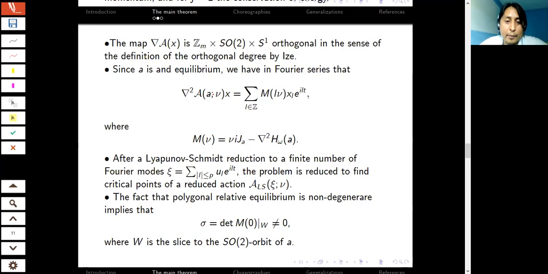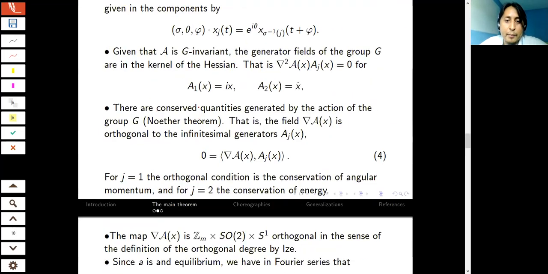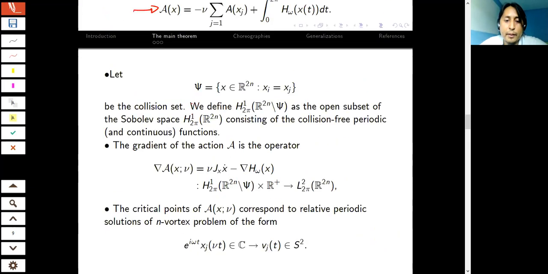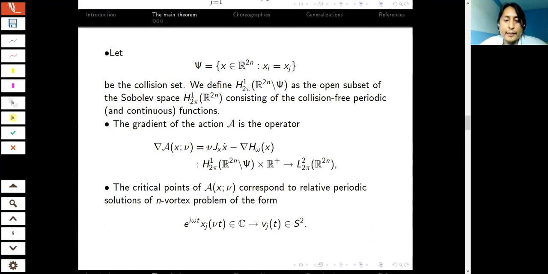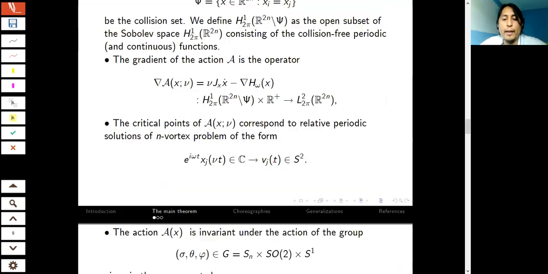Because what is the Hessian of A at the equilibrium? Well, the Hessian of A at the equilibrium is just the linearization of this at the equilibrium, and the linearization is just nu J of A derivative, Hessian of H at A applied to X, right?